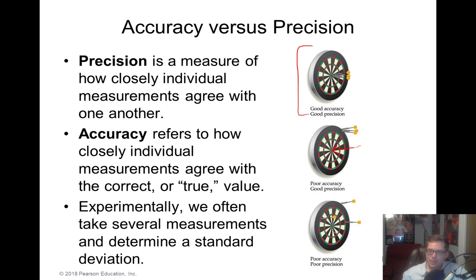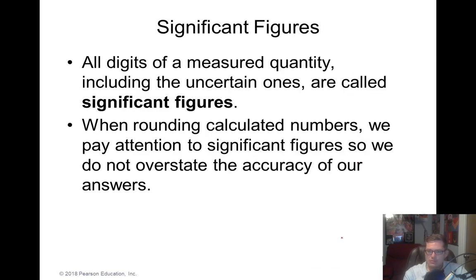Down here, they totally whiffed the board. They got in the gray, and I guess this one might be in the red. But regardless, they did not do well. They didn't get close to the bullseye, so it's not very accurate, and this one's way off to the left, way off to the right, way too high, so it has poor precision as well.